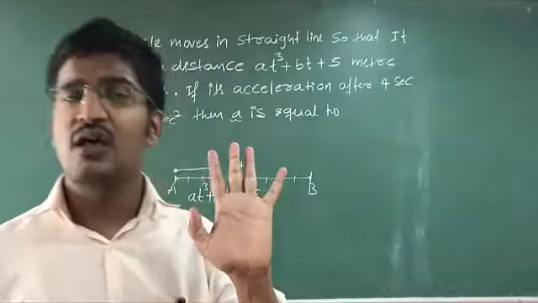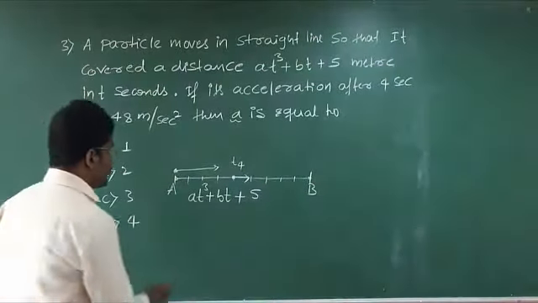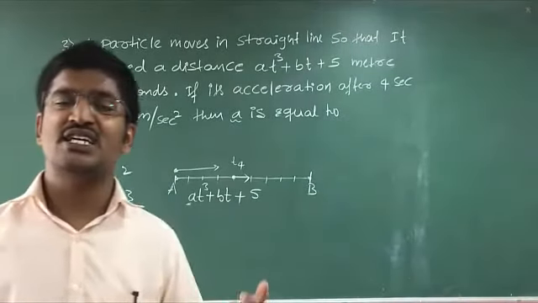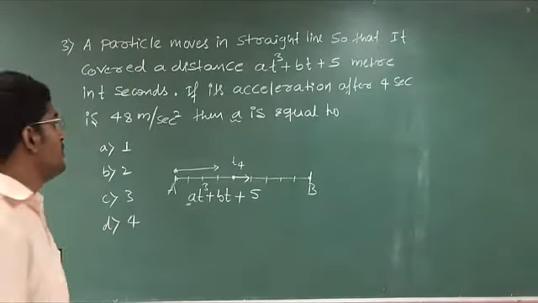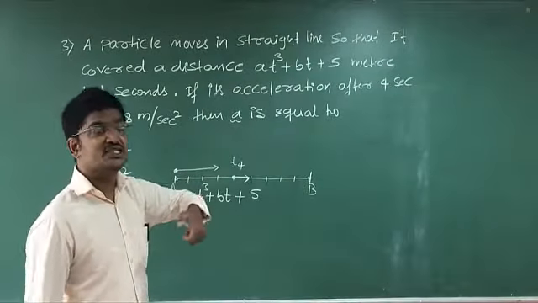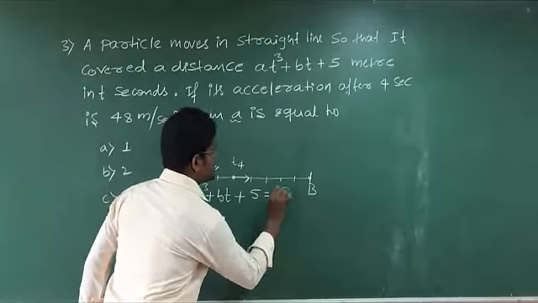That is given. Are you clear? So now we have to find the term A, what that term is going to be equal to. Again you must understand that using your S quantity, this is equal to S.